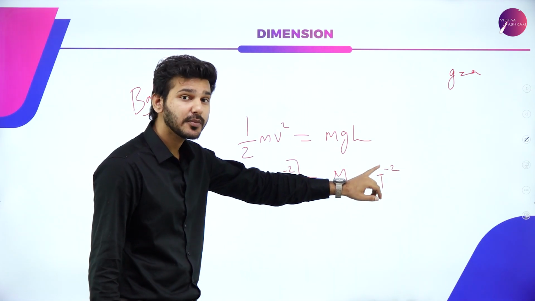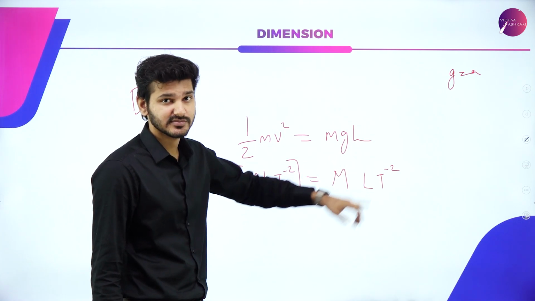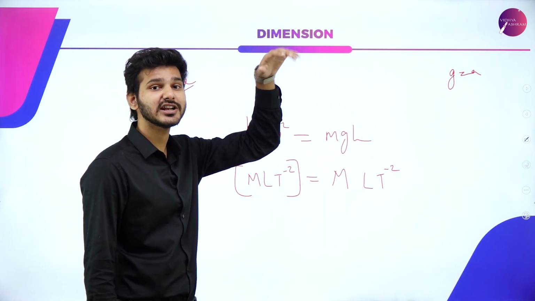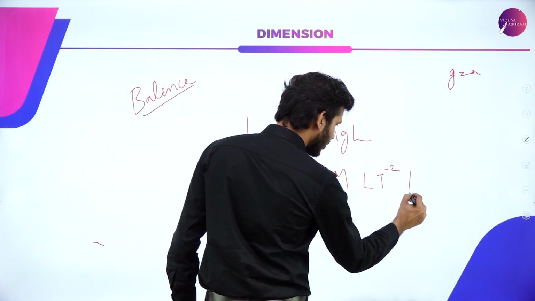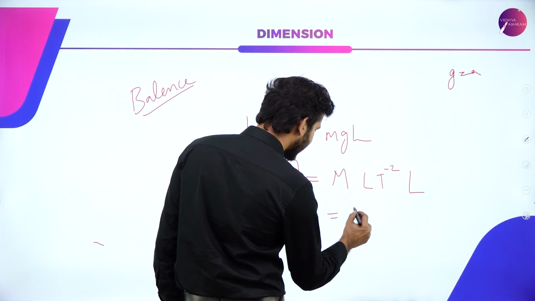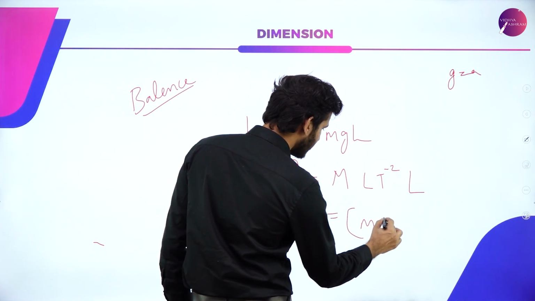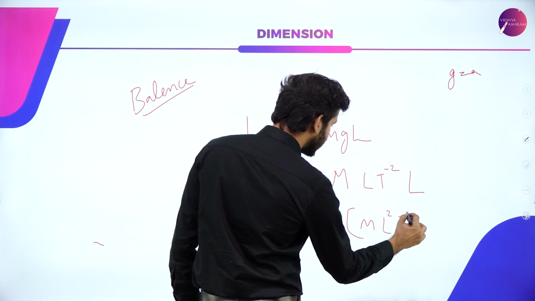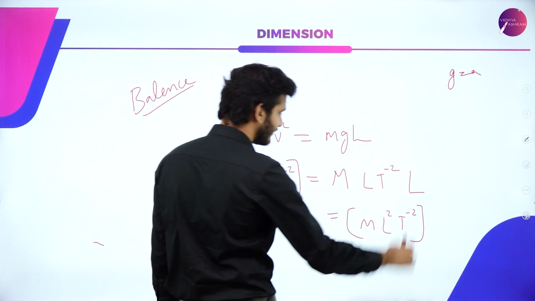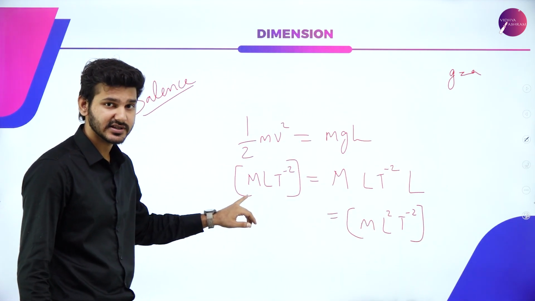And now we have one more term, which is h. H is nothing but height, which is measured in length. So there is one more L, and together we can write it as M L square t inverse square. So this will be equal to this.